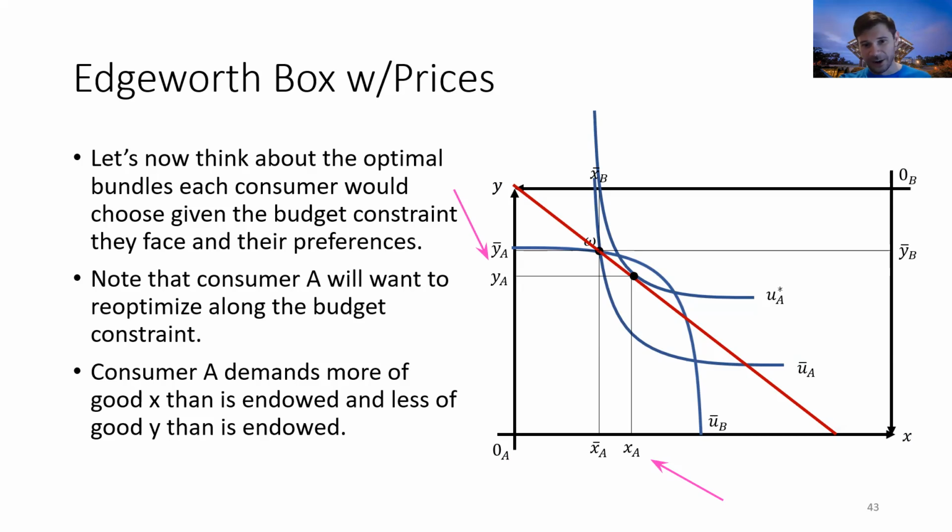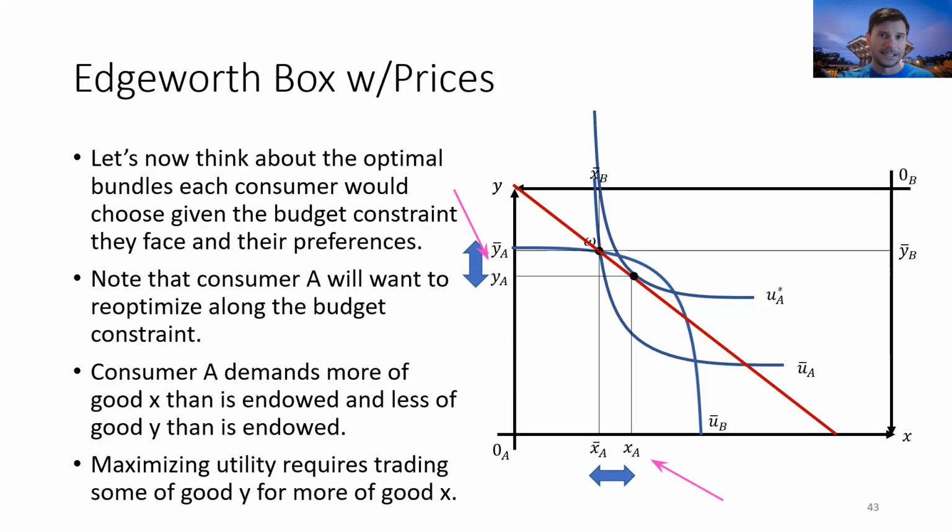So we should see here, A is a little bit short of good X. So A wants more good X, but A's got a little bit too much of good Y. So A is going to want to give up some good Y in order to get more of that good X, which will be consistent with the utility maximizing solution for A at those given prices.